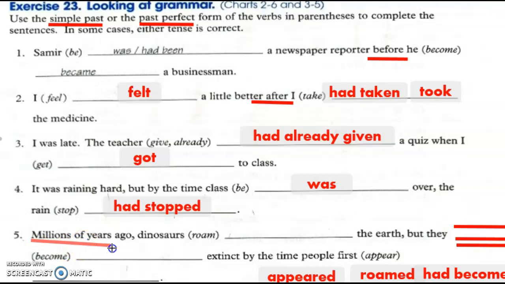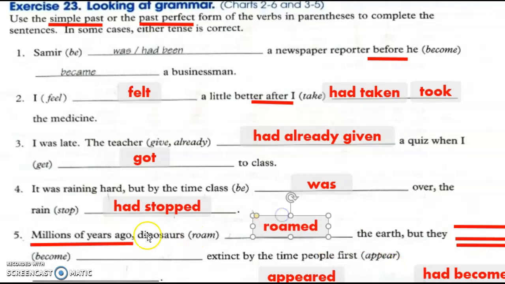The first expression of time is millions of years ago. This is a specific moment in the past. With specific moments in the past, we use the simple past. So here, the verb roam should be in the simple past.